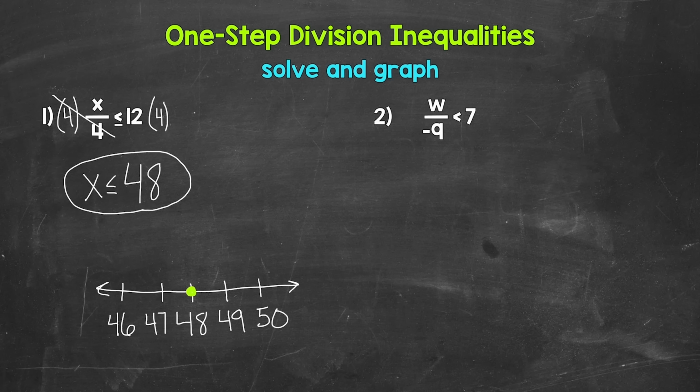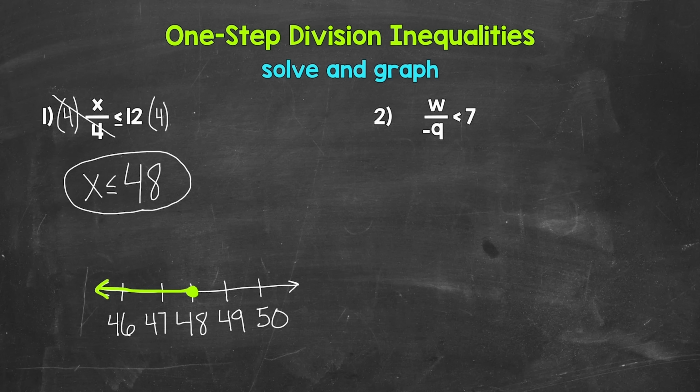So we need a filled circle at 48. And now we need to represent the less than part. So we need an arrow going left towards everything less than 48. So the filled circle at 48 shows that 48 is included. It is a solution. And then the arrow going left represents all of the values less than 48.